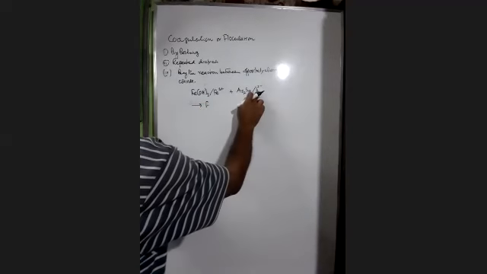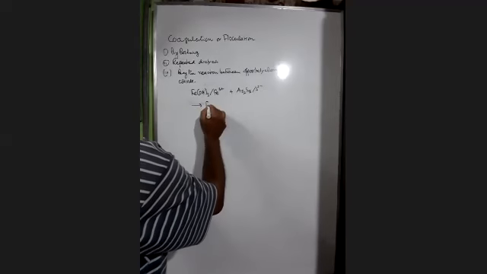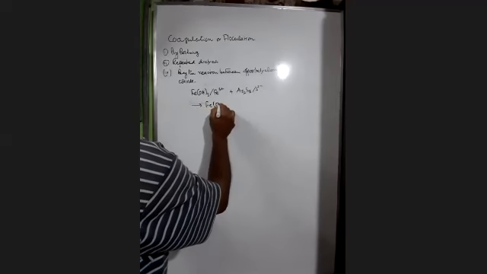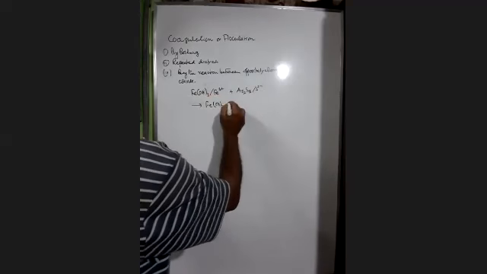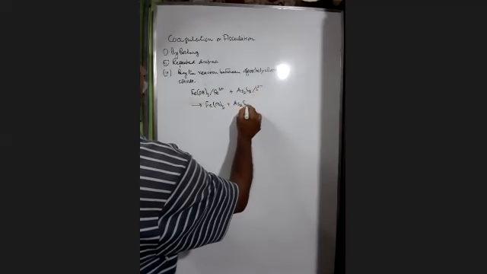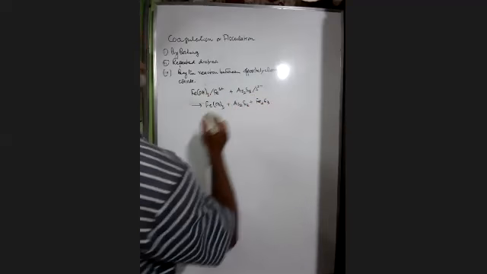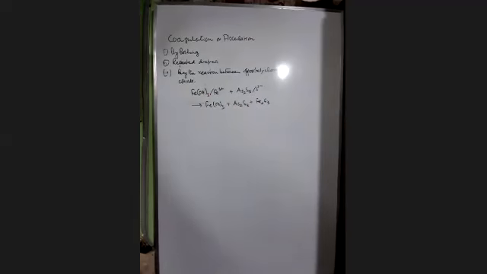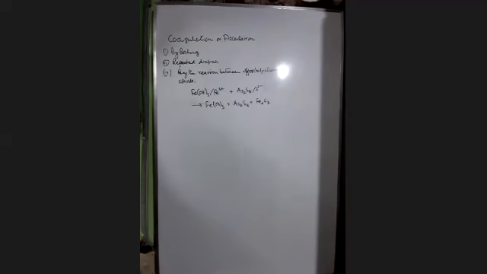See here, S2- will react with Fe3+. So by that way, what is going to happen? This will get rid of this one. Sulfide also will come out from this. And you are going to get here. This is generally commonly asked in the exam.